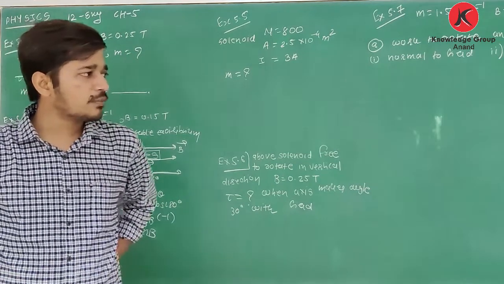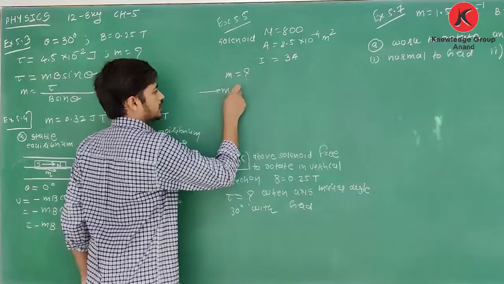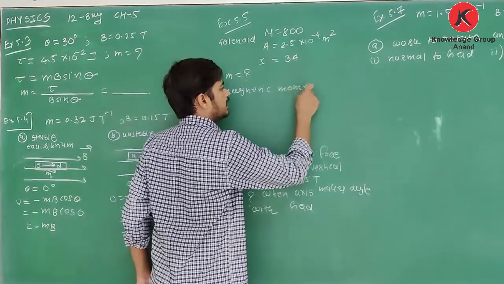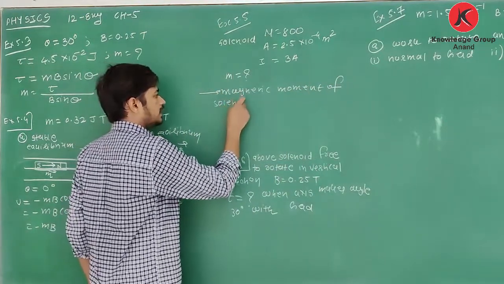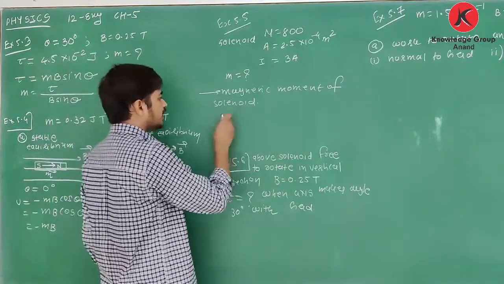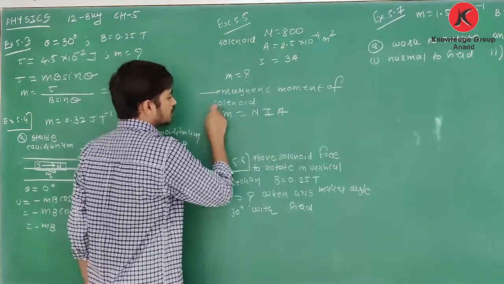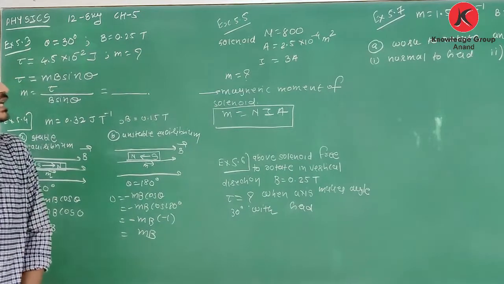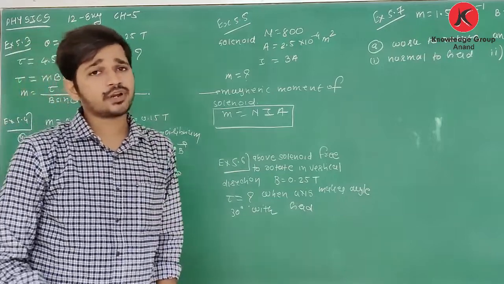How to find the magnetic moment of a solenoid? See, m is equal to NIA. N is given, I is given, and A is also given. You can easily find it.